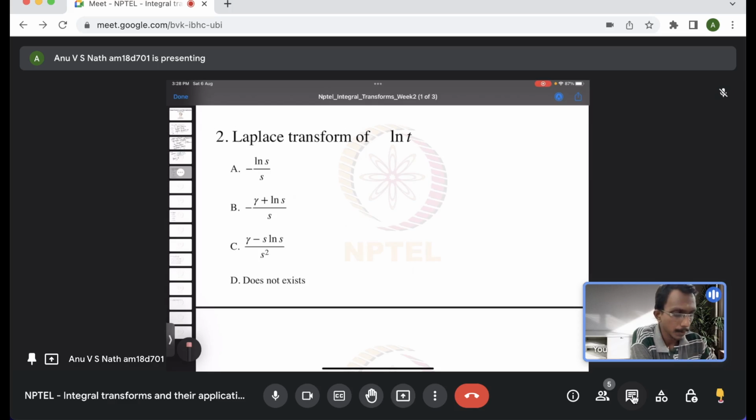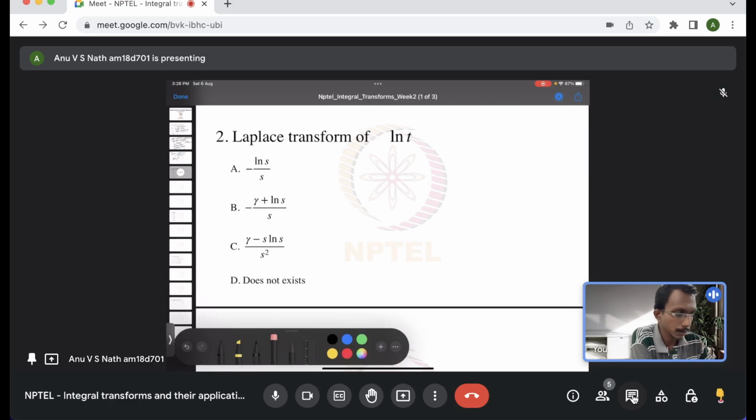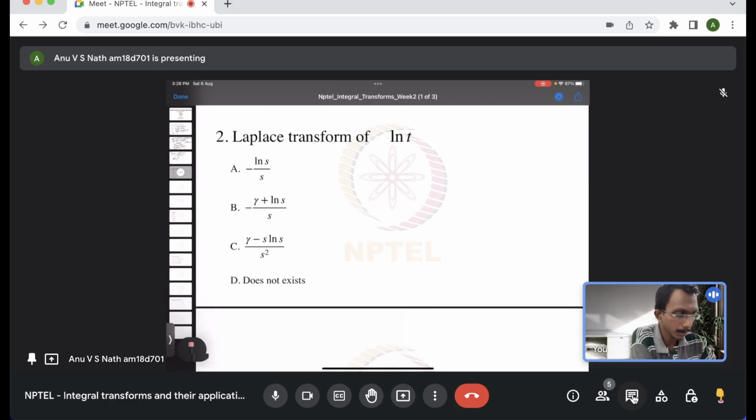I will write the expression that you need to evaluate from basic principles: the Laplace transform of ln t, which is the integral from 0 to infinity of ln t times e raised to minus st dt. It's just the basic definition of Laplace transform. Now we just need to figure out how to evaluate this integral.